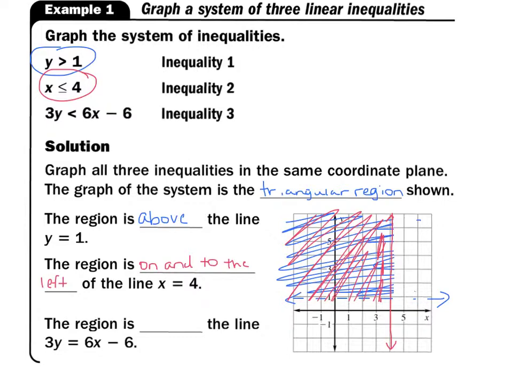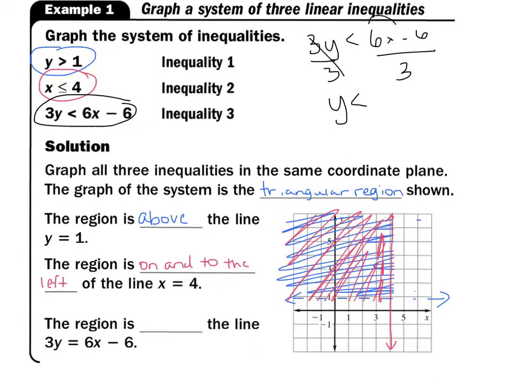The last equation, 3y is less than 6x minus 6, I need to solve it for y. So 3y is less than 6x minus 6. Divide both sides by 3. 3's cancel out. And that's going to leave you with y is less than 2x minus 2.